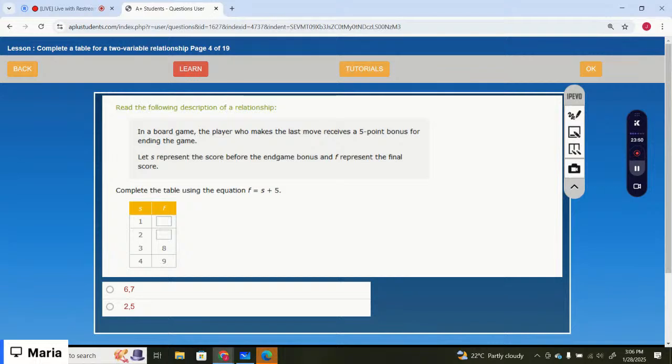Complete the table using the equation F equals S plus 5. That is, for S equals 1, 5 plus 1 is 6 and 7.